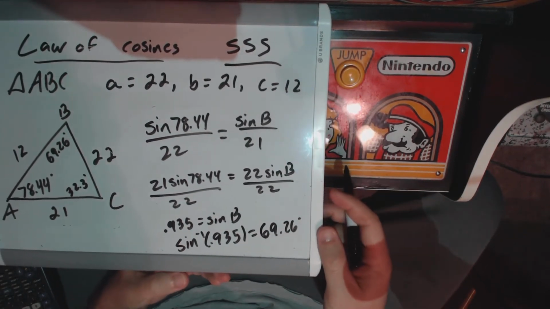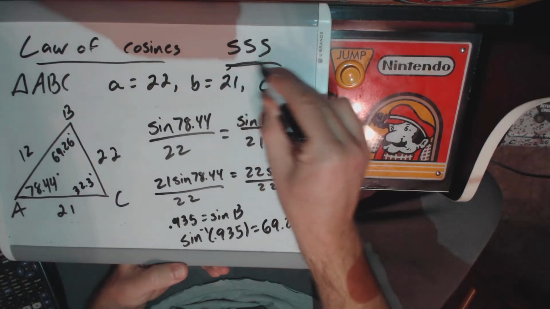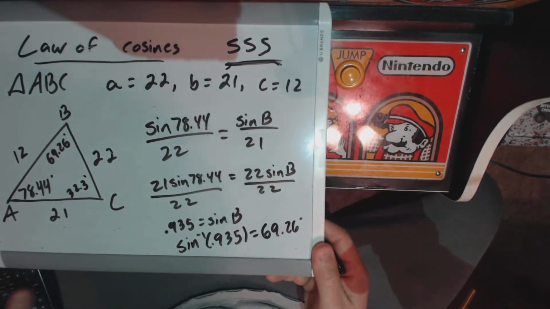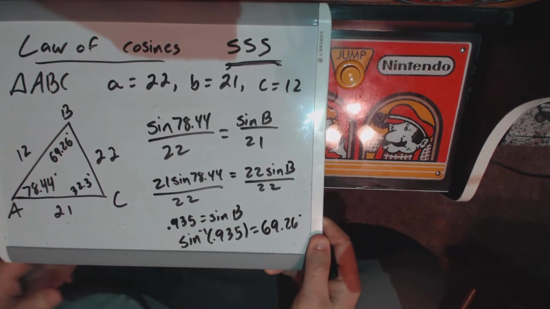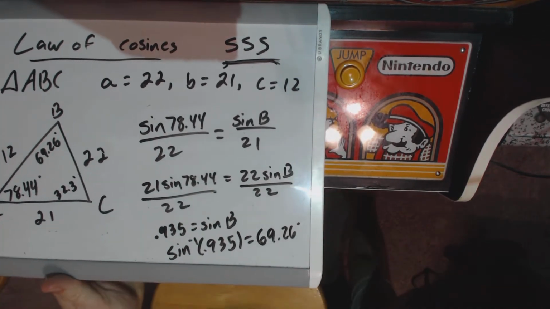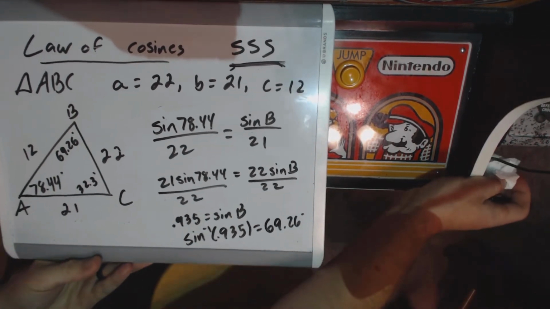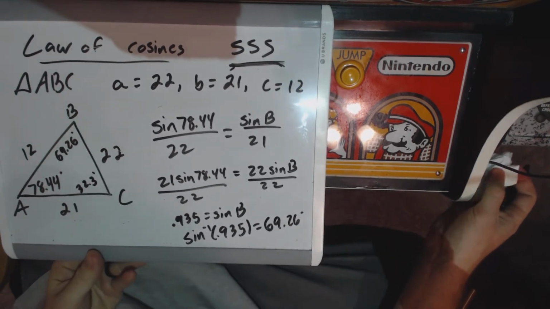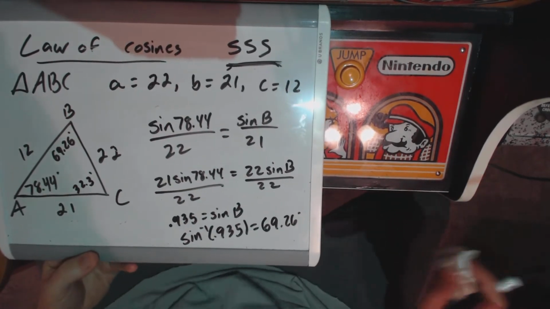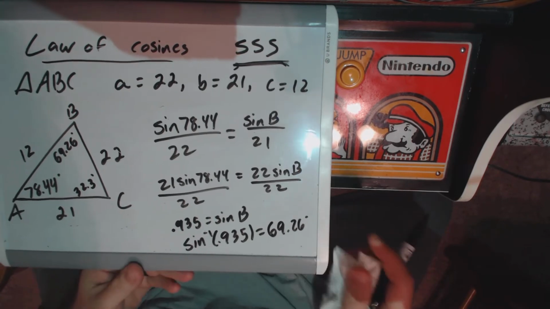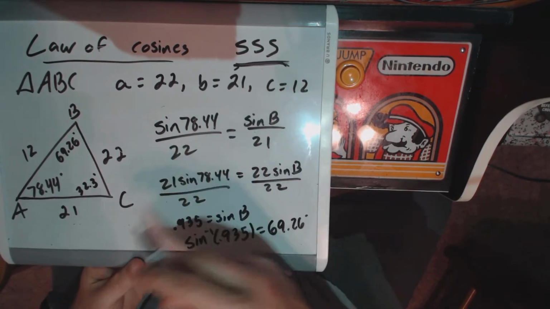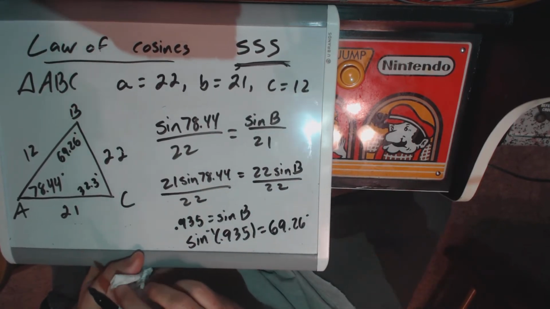So there you have it. You have the law of cosines for side side side. If I were you and you want to save headache, in a side scenario, always solve for the largest side first. That way you can use the law of cosines to your advantage, because inverse cosine will tell you if it's obtuse or not.